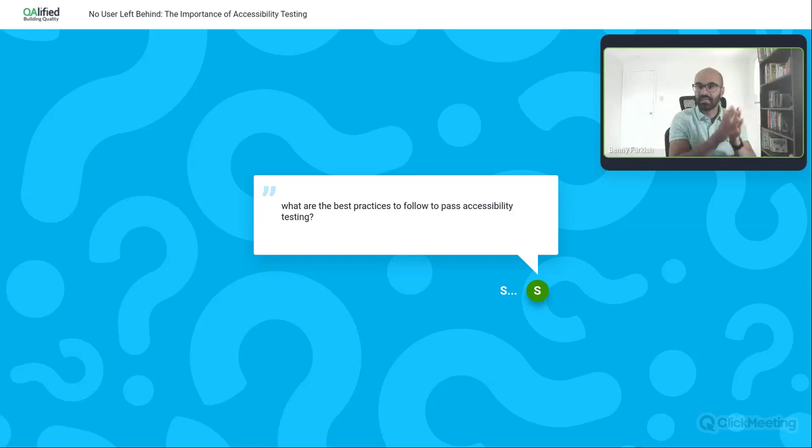So we base our test cases on WCAG. It has principles, it has guidelines, and it has severity levels: A, double A, and triple A. Some companies, organizations and agencies only want A. Some prefer double A as well. And some of them are very intense. Their audience, the people that use their applications, most of them are people with disabilities. So they want A, double A, and triple A. So we got to follow those guidelines, the WCAG, all three of the levels. Great question.